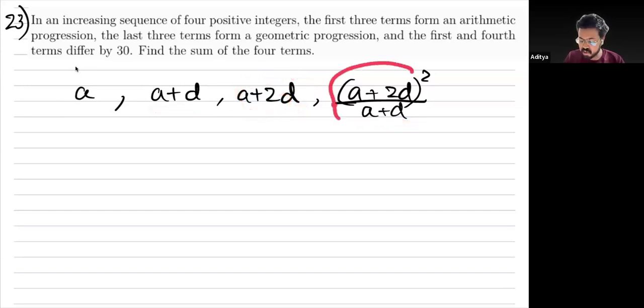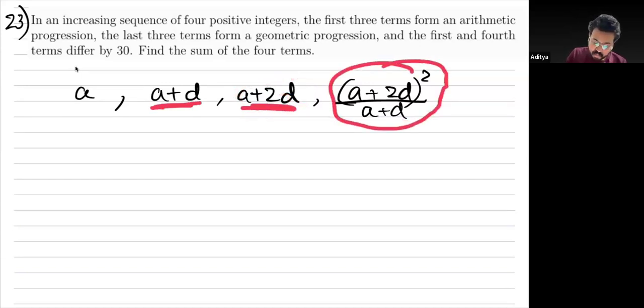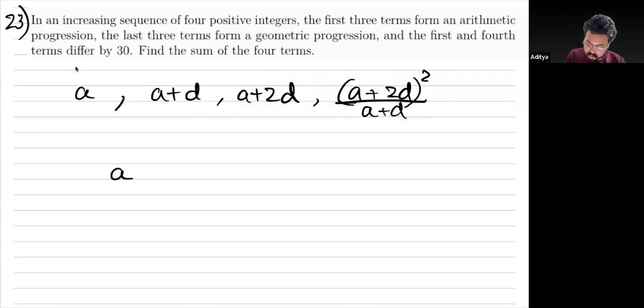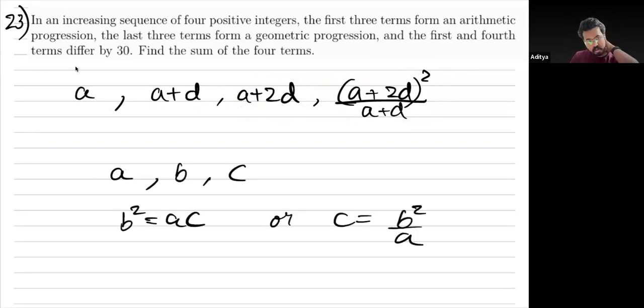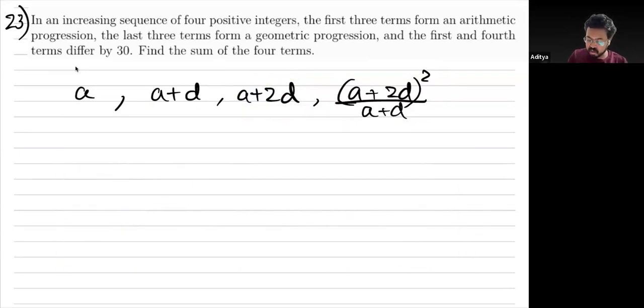Keeping that in mind, I have written the fourth term in terms of these first two terms. If you have two terms of a GP, a, comma, c, the three terms are a, b, c, with b squared equal to a times c. Using this logic, I have written down the fourth.